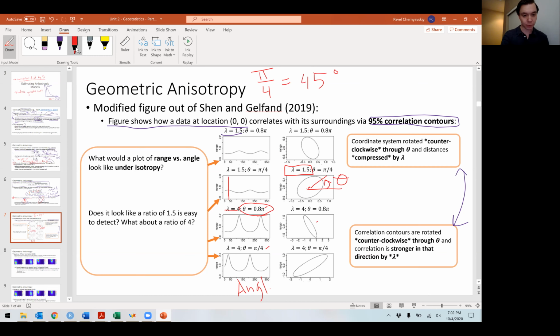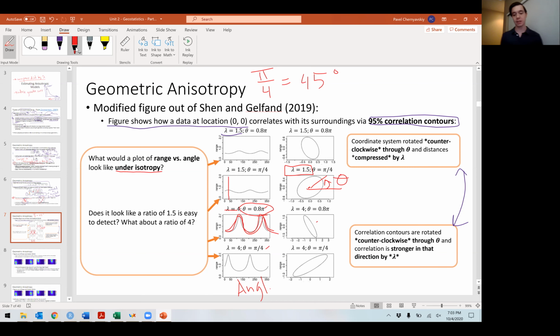And so of course you can pick out the peaks a lot easier.